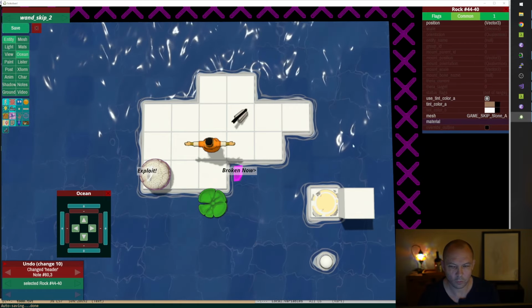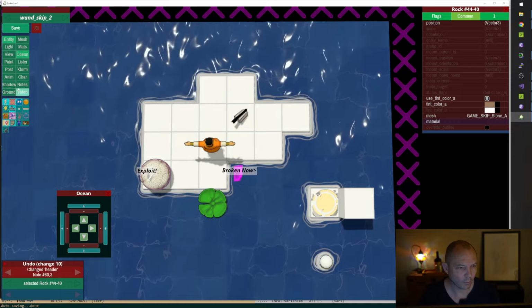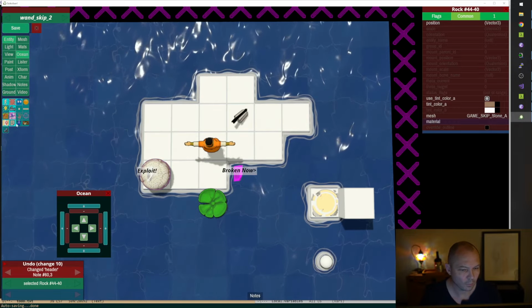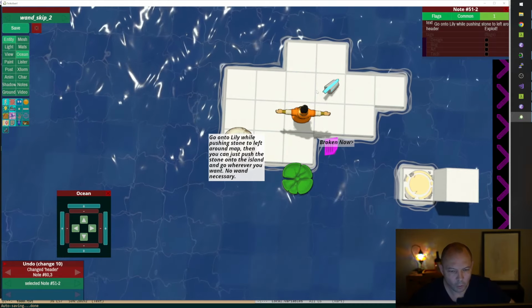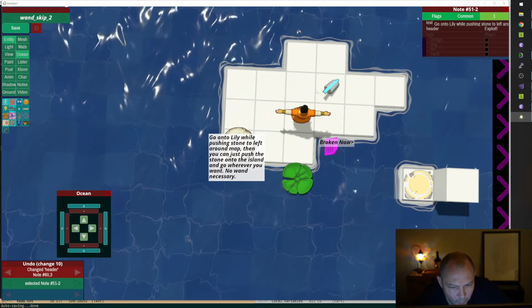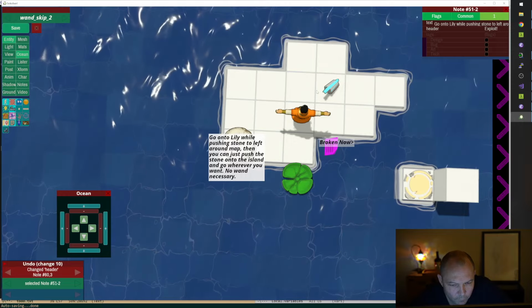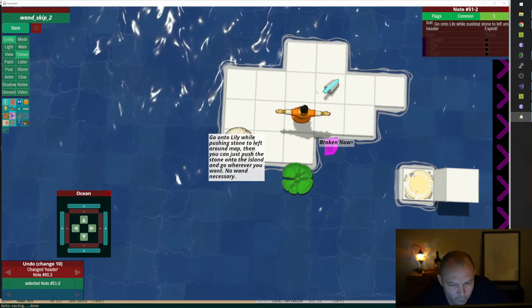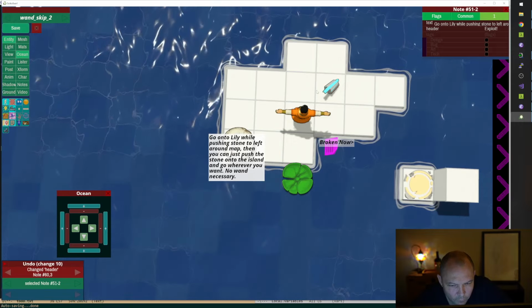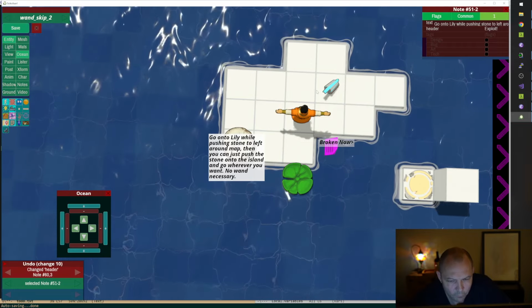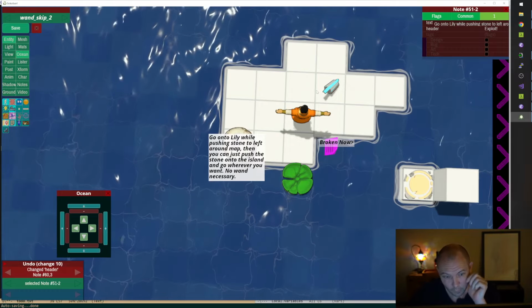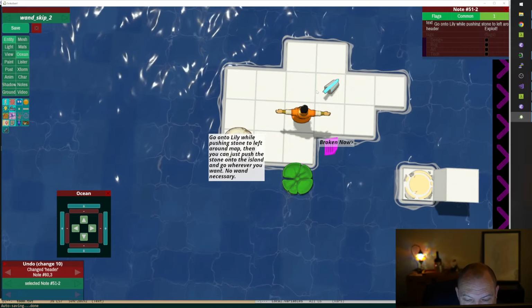There's also a note called exploit. What does that say? Going on to Lily while pushing stone to left around map. Then you can just push the stone on to the island.